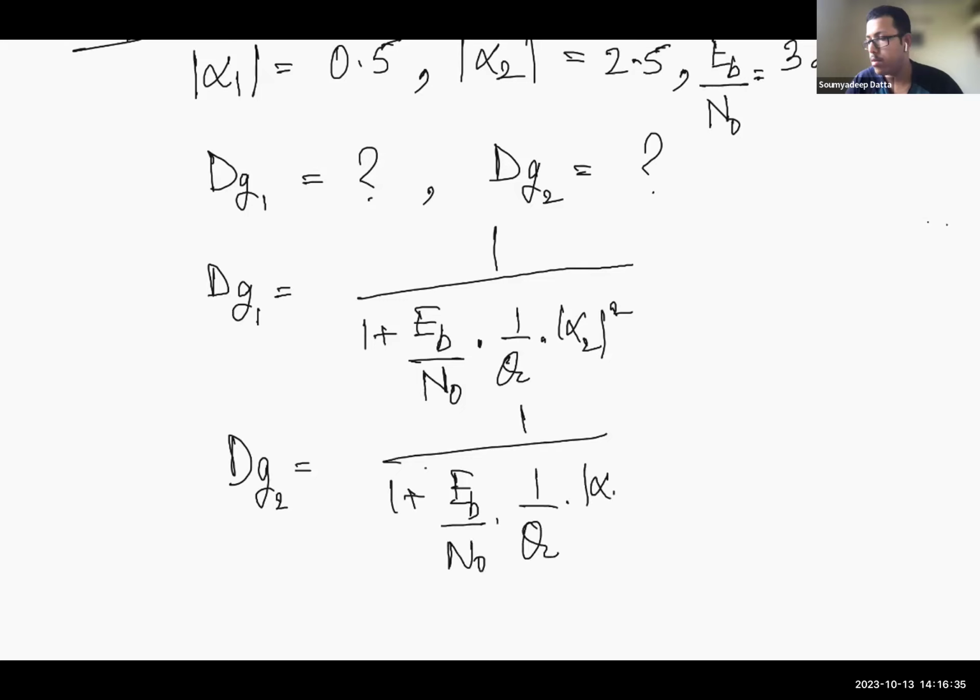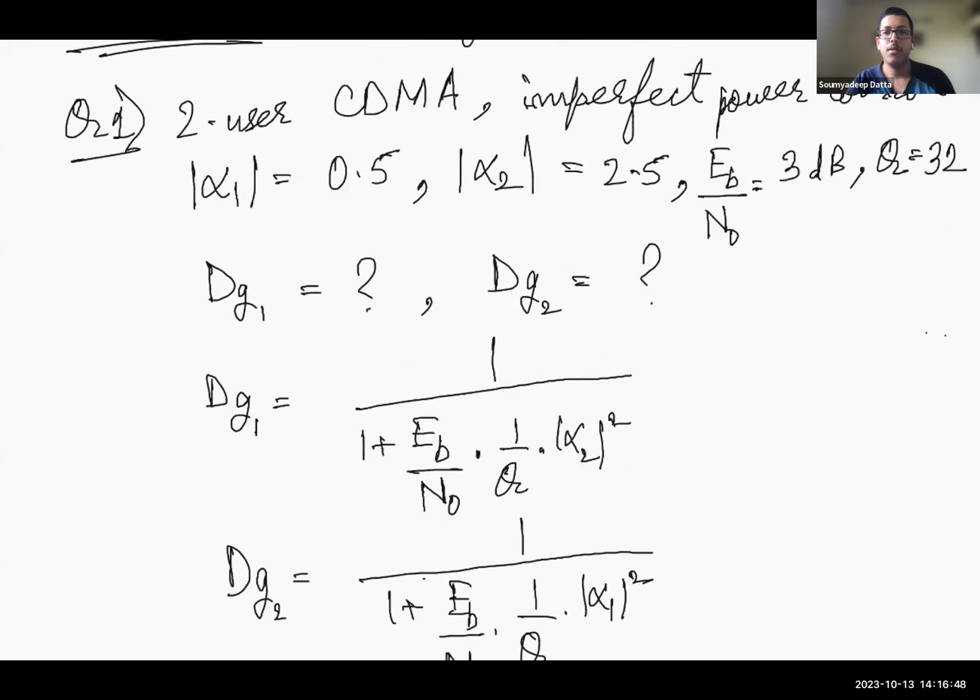This is very easy. You just have to put in the formula and solve. The only thing you need to be careful about is that Eb by N naught is given in the dB scale, while all of the quantities are in linear scale.